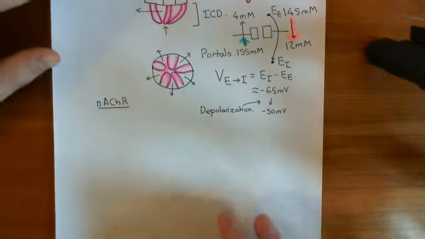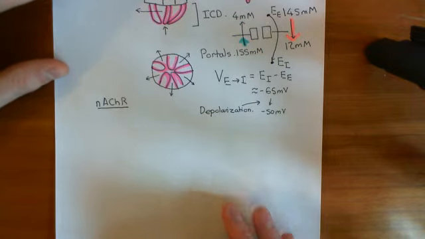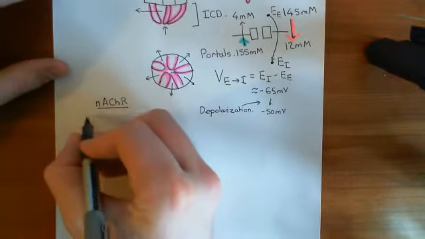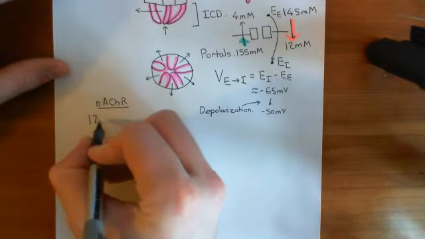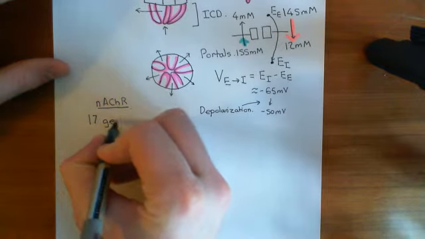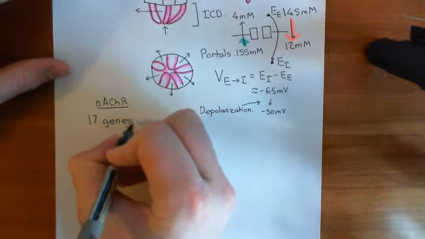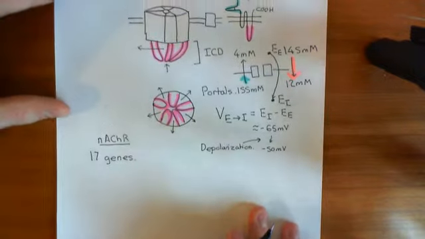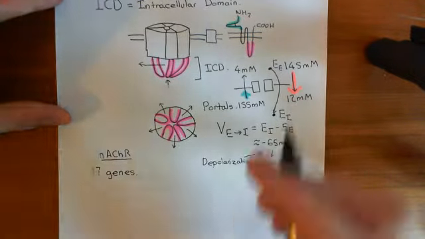Now, the question is, how many different genes do you have which code for the subunits that can make up nicotinic acetylcholine receptors? Well, the answer is that you have 17 genes which code for protein subunits that can make up nicotinic acetylcholine receptors.